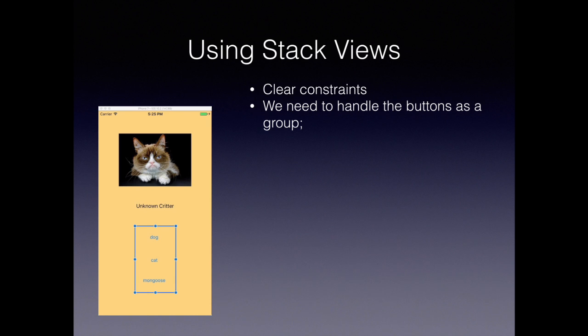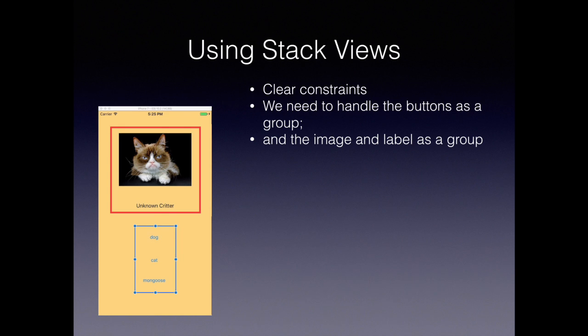Stacks are essentially containers for collections of other views, such as button views. And they could be both vertical stacks and horizontal stacks. In this case, this is going to be a vertical stack, and we're also going to do the same thing for the image and label, and we'll put them into their own separate stack because we want to handle the two stack views separately when we are going to a landscape view.